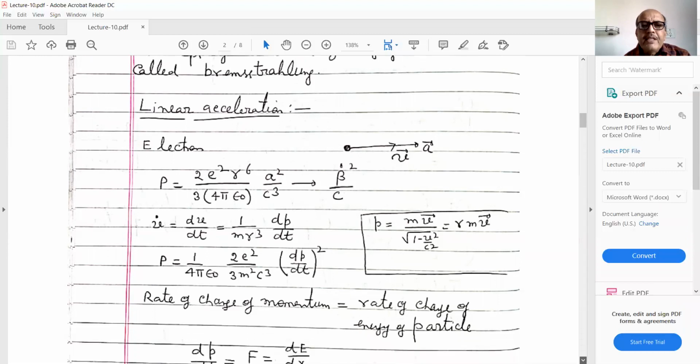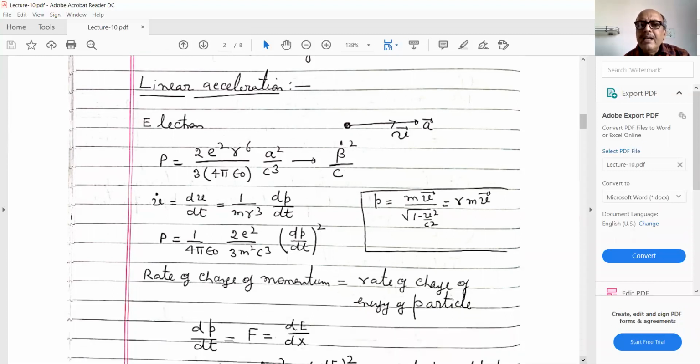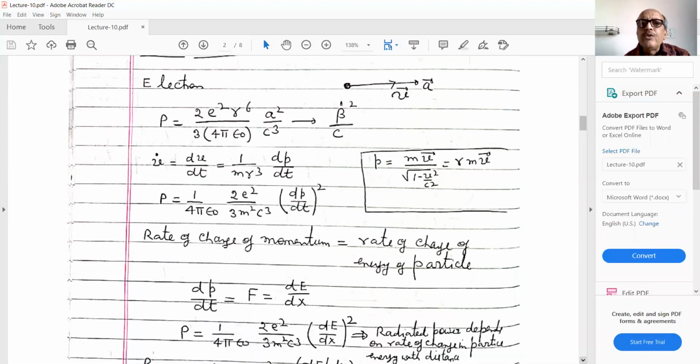So the rate of change of momentum of a particle is also given by the rate of change of the energy of the particle. You already know Newton's second law of motion, which says that F is equal to dp upon dt. So dp upon dt is the rate of change of momentum, that is equal to force. This comes from Newton's second law of motion.